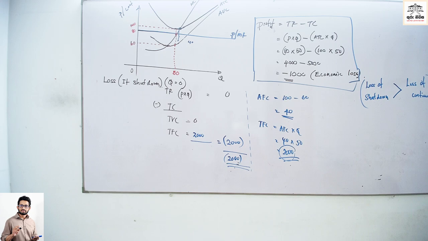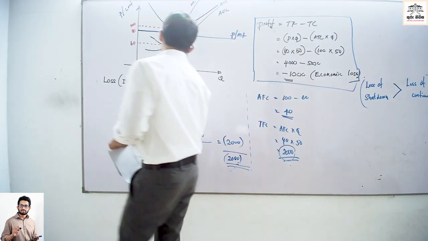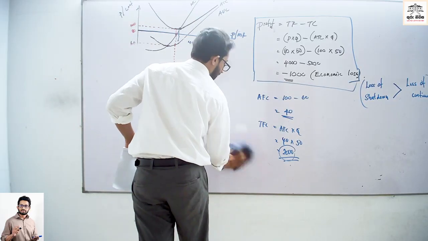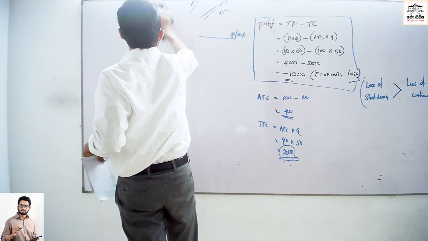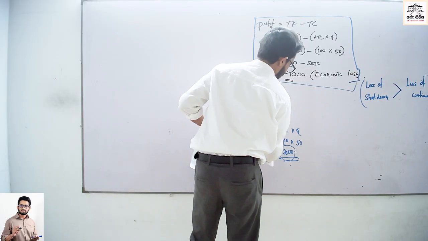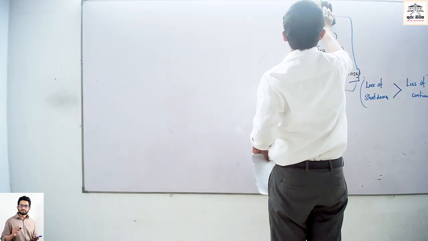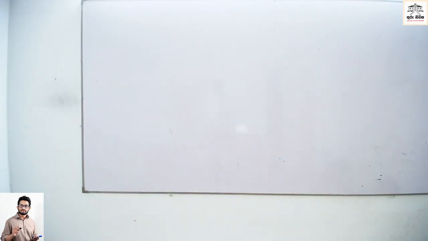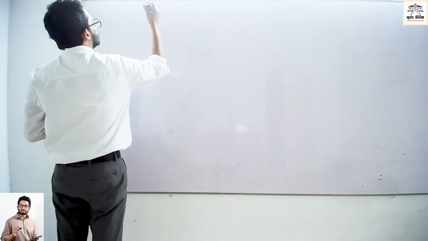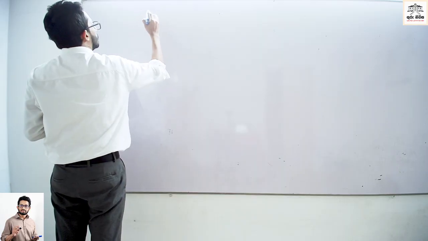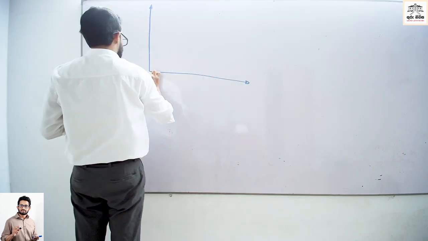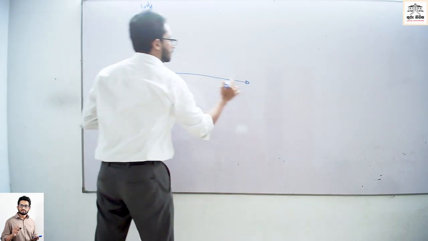Can we draw the diagram? Axes: price or cost, and quantity.